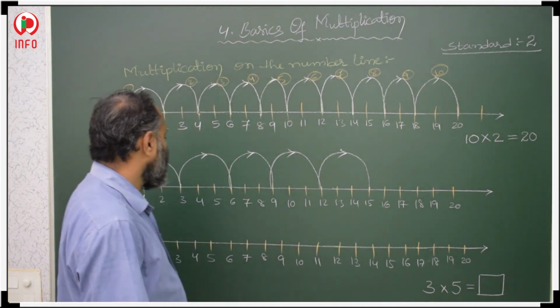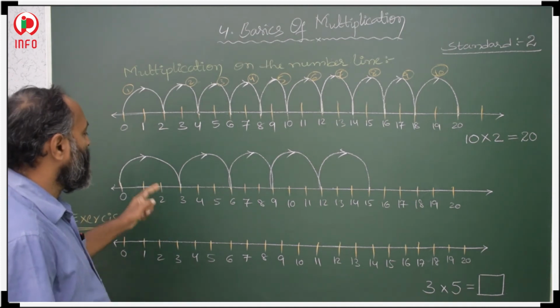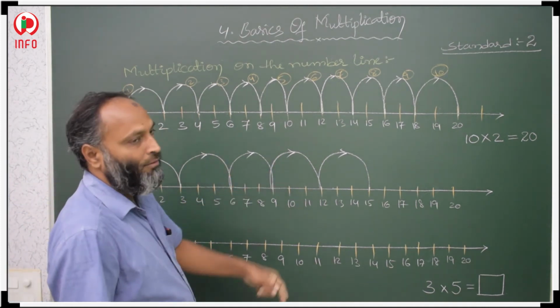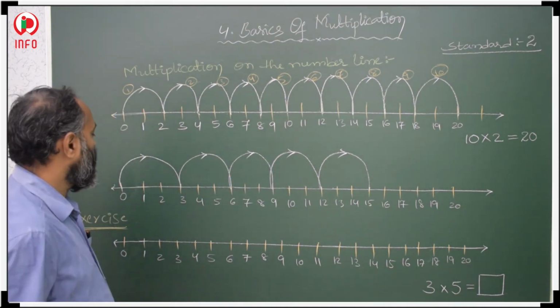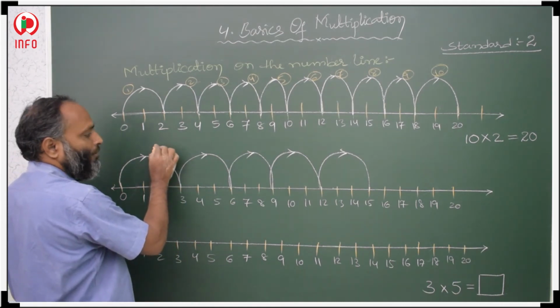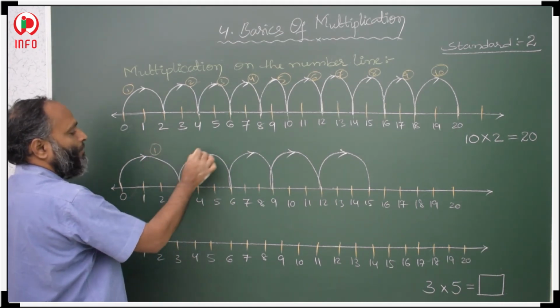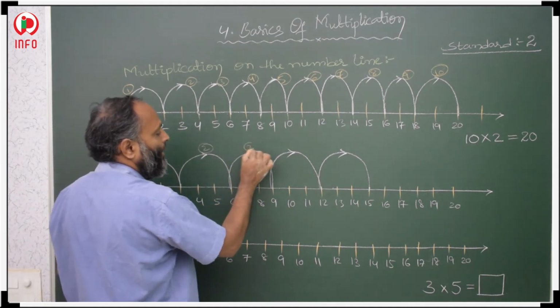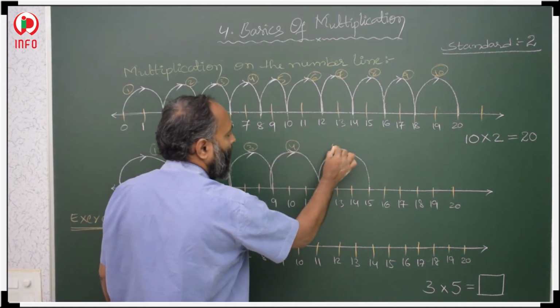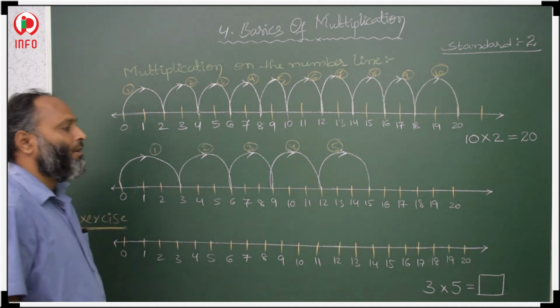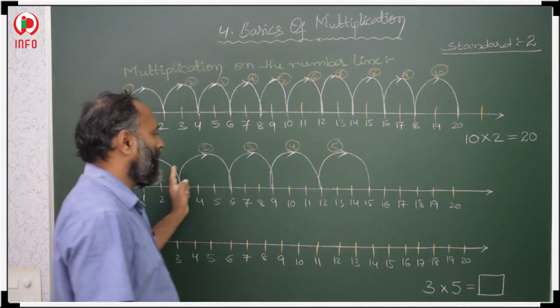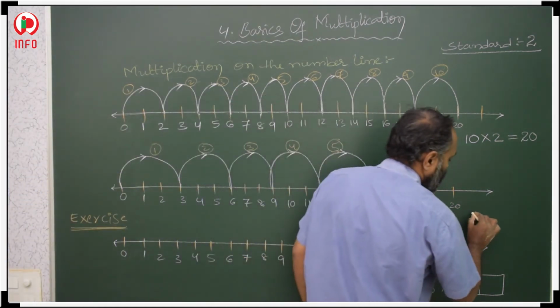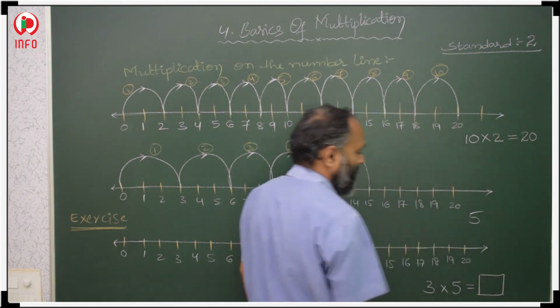In the same way, number of skip countings here: 1, 2, 3, 4, 5. How many times we skip? 5 times. So this represents number of times we skip count.